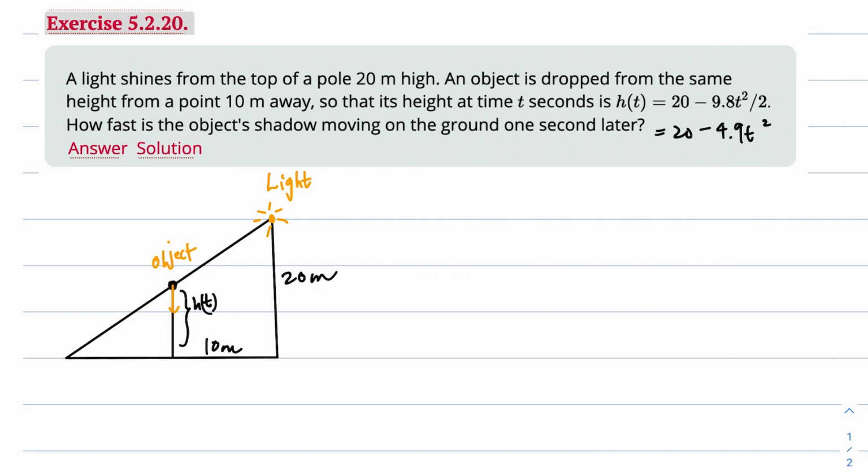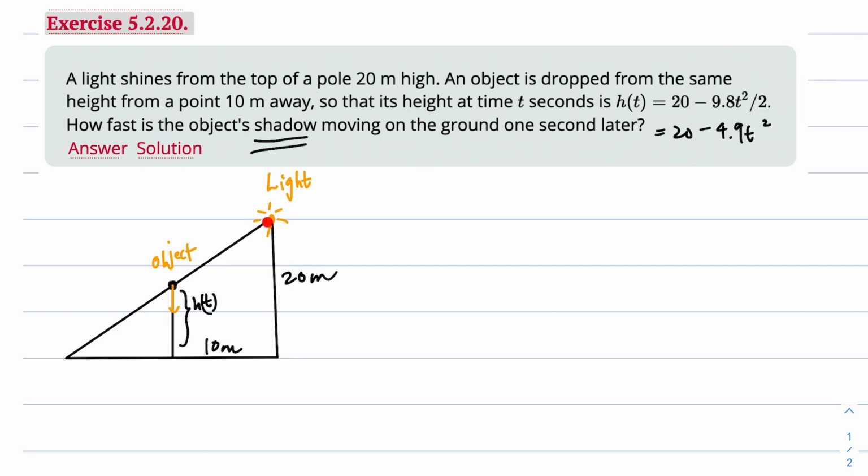And then it says, how fast is the object's shadow moving on the ground 1 second later? The hardest part about this question is determining what this last statement is even saying. So it's saying it wants how fast the object's shadow is moving. Before you can find how fast the object's shadow is moving, you have to locate where the shadow even is, okay? So the way we locate it is this is the light, this is the object.